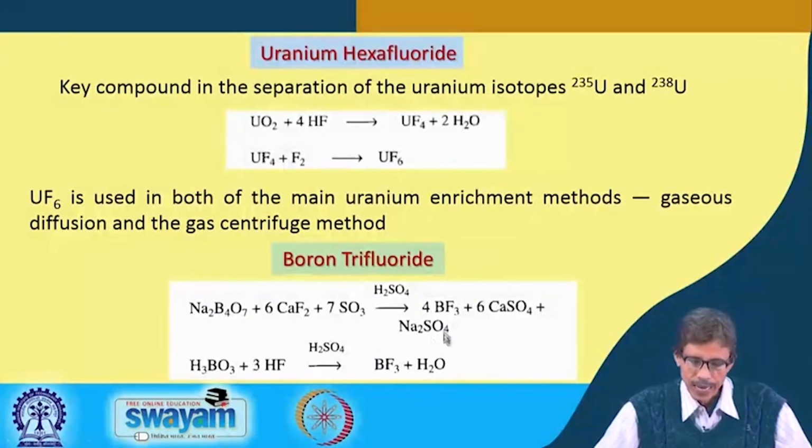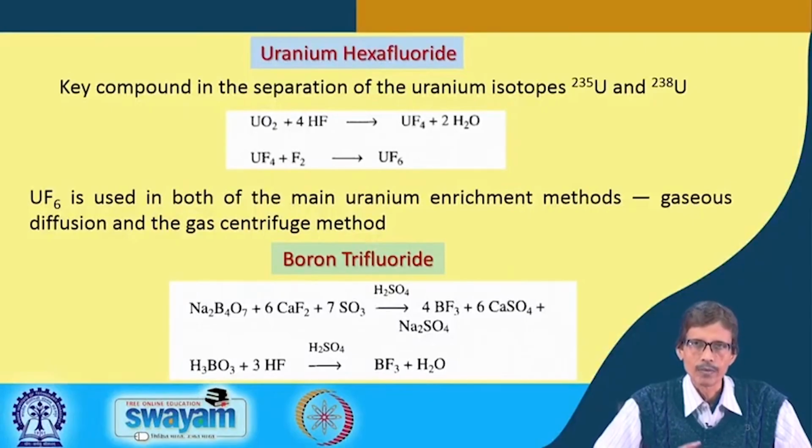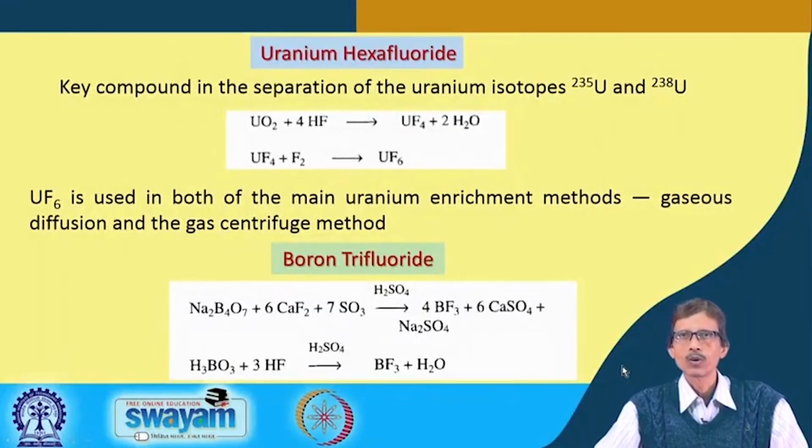So, that sulfate anion will therefore be separated as sodium sulfate, because it is the sodium salt of that particular anionic part, that means your B4O7 2 minus, which is your borax. So, those sodium ions available from the borax will be converted to sodium sulfate, and the remainder as calcium sulfate.